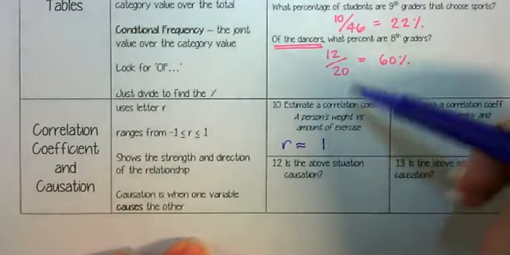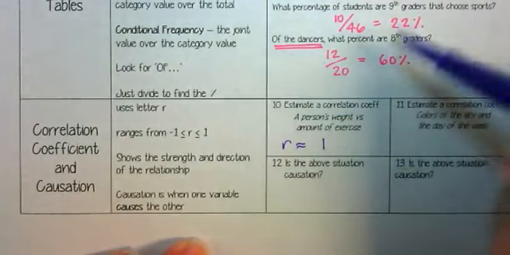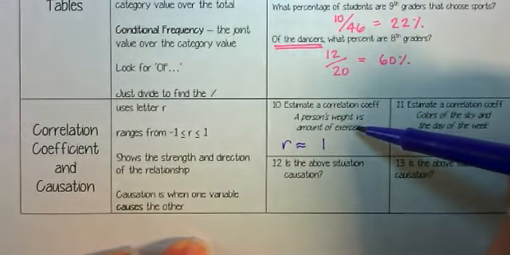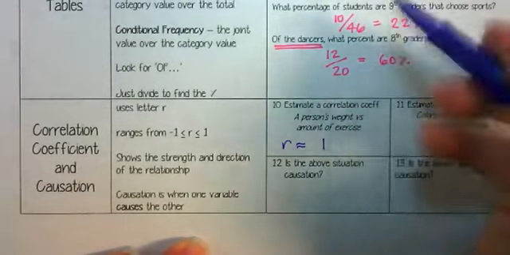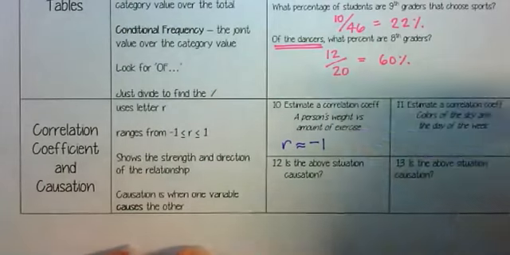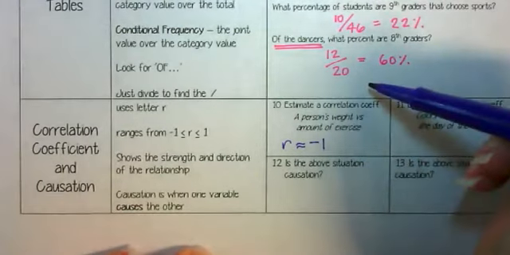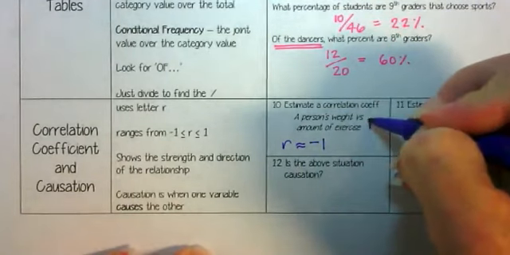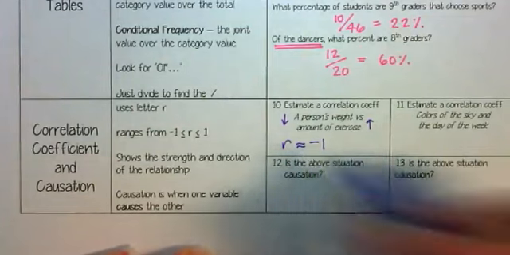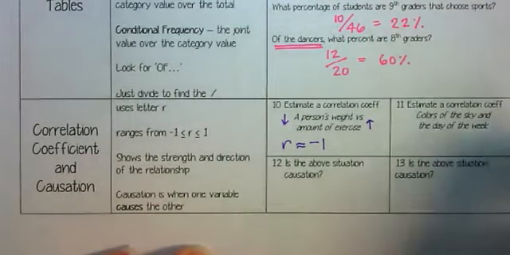But let's think about it. As the person's weight increases, the amount of exercise they're doing probably decreases. So that would be a situation that would have a negative relationship. And then the more someone exercises, the less their weight would be. So as one goes up, the other one goes down. That causes a negative relationship.